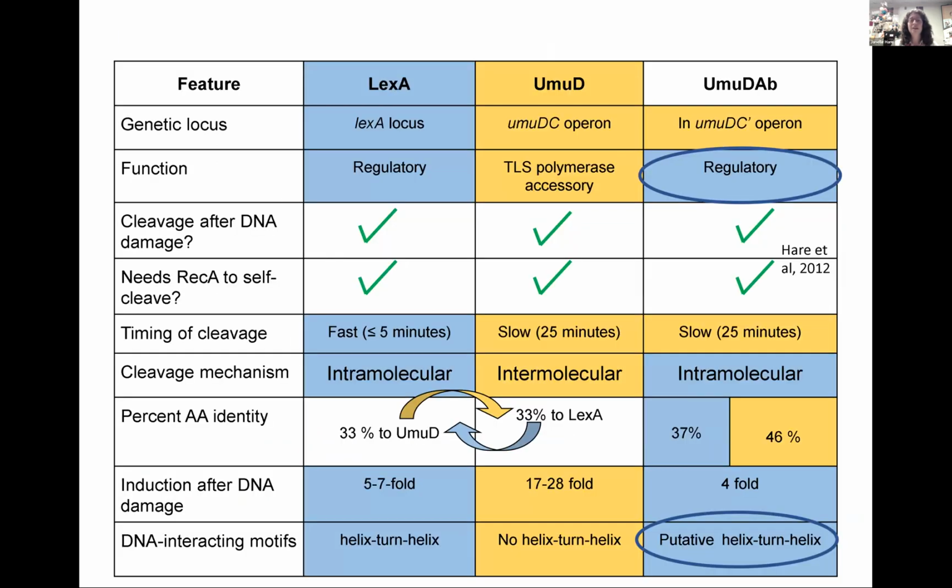So then we started to fill in more of our table, realizing that UmuD-AB seems to be a regulatory protein. It uses this helix region in the N-terminus of the protein to do the regulation.